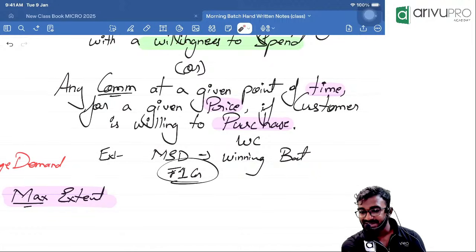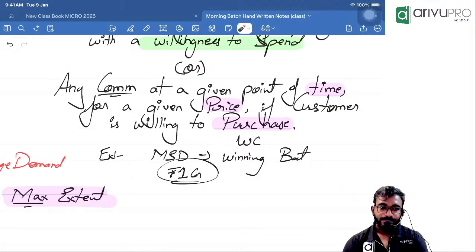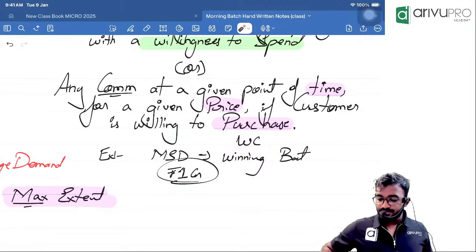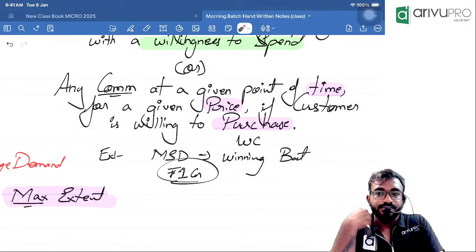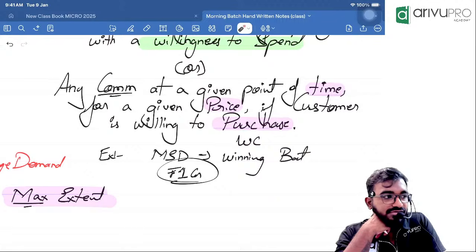Right, that cricket bat example: MS Dhoni's World Cup winning bat, 1 crore rupees. Shashi Kiran has quoted 1 crore. The person is ready to buy at the given price, given time. Done? Finished?